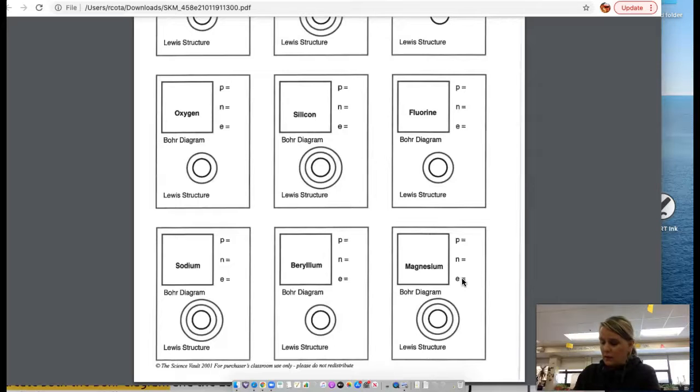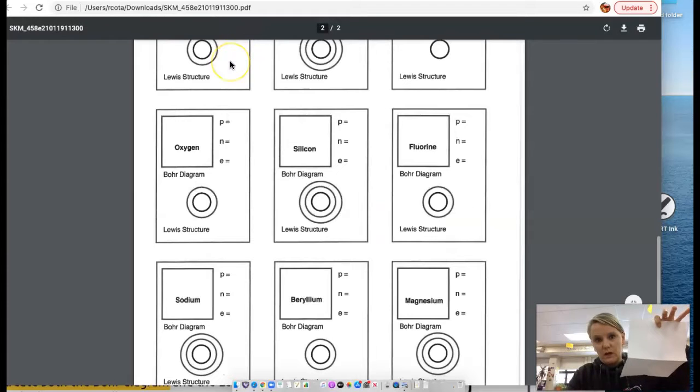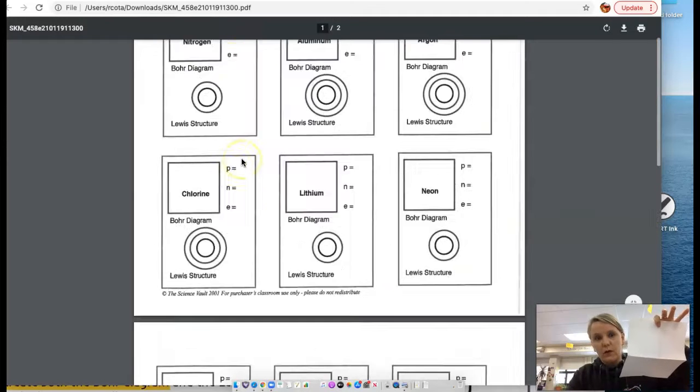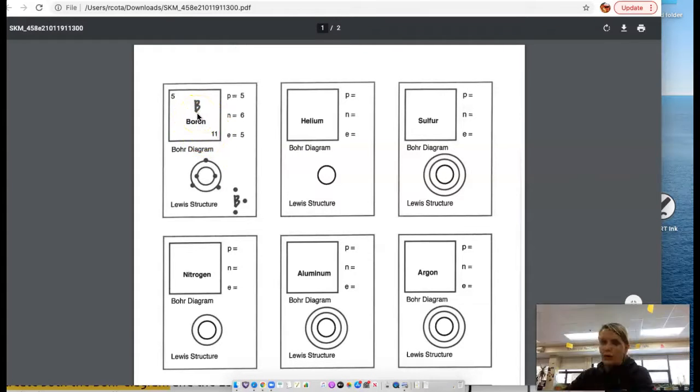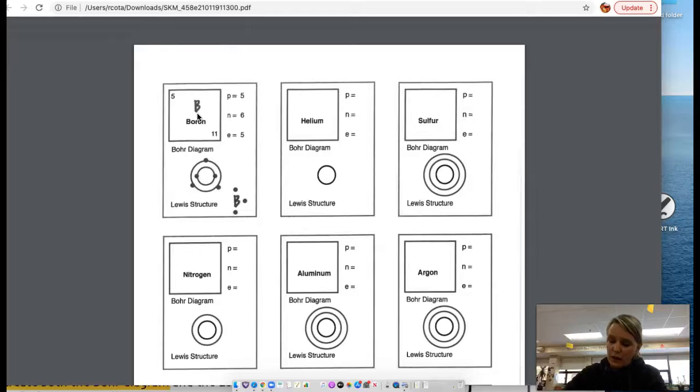Fold it into quarters like this. And I am just going to treat each one of these boxes as one of these boxes. All right, so we're going to do this first one, boron, together. I would copy down the format of what I see here.